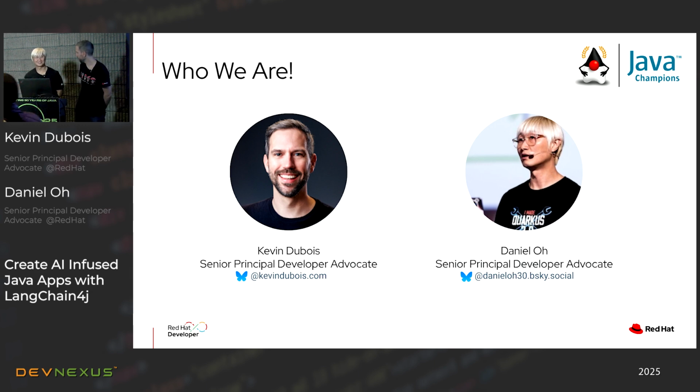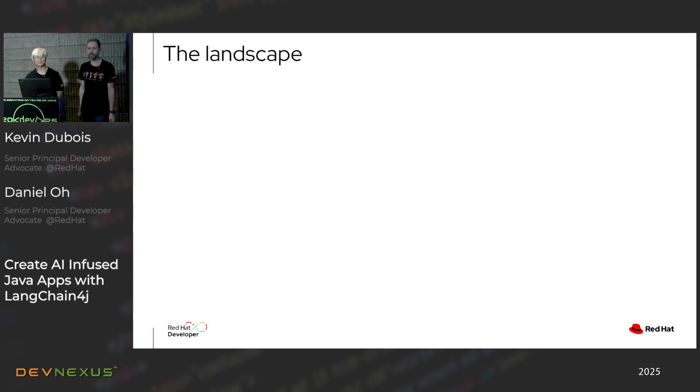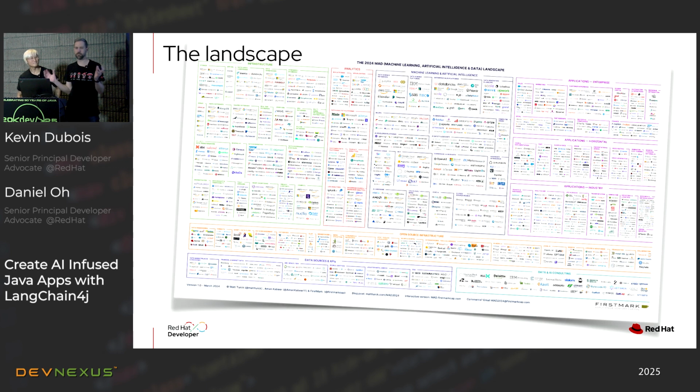All right. Let's dive into the actual meat of the session. So the landscape of AI these days, you've maybe seen it or experienced it. It's quite overwhelming, right? There's a lot of projects. I took this screenshot from somebody who created this in March of 2024. So I guess this is like a year old.